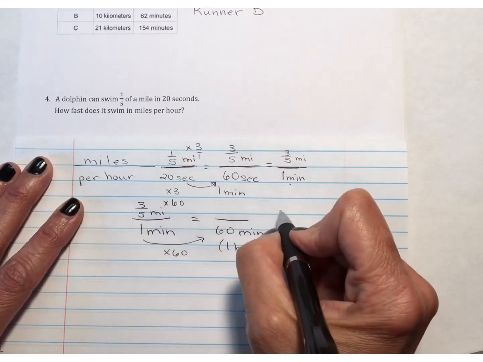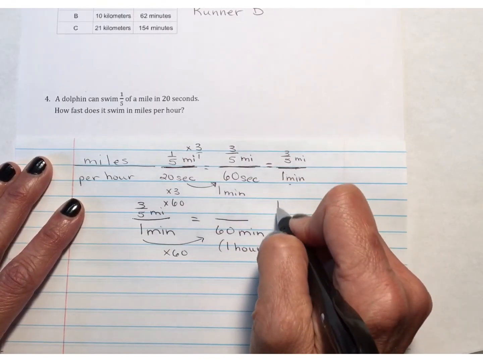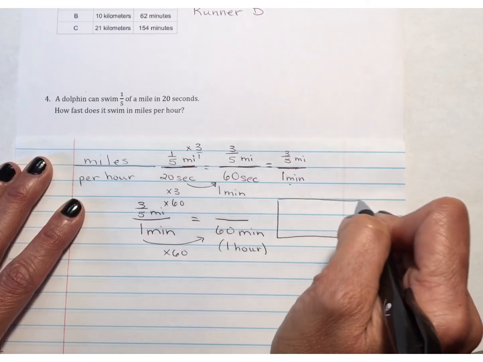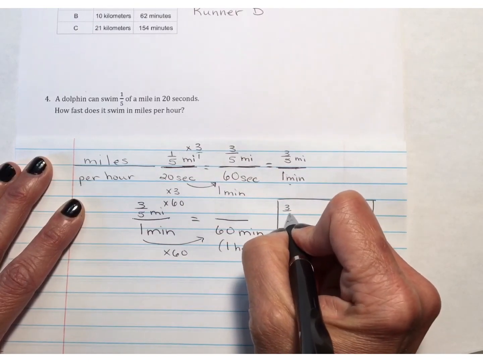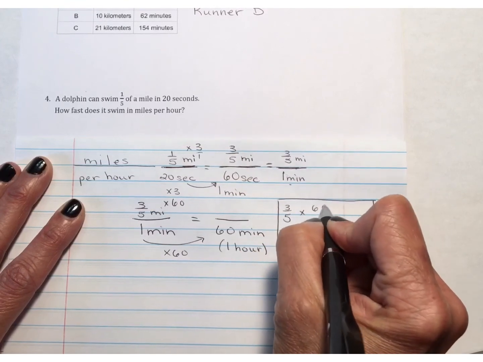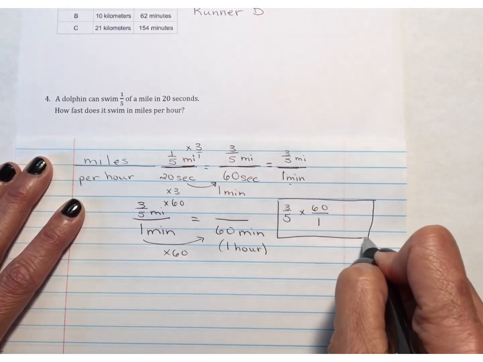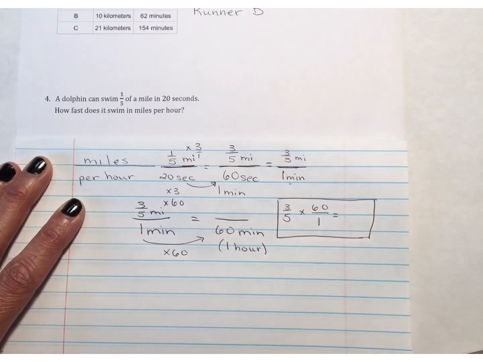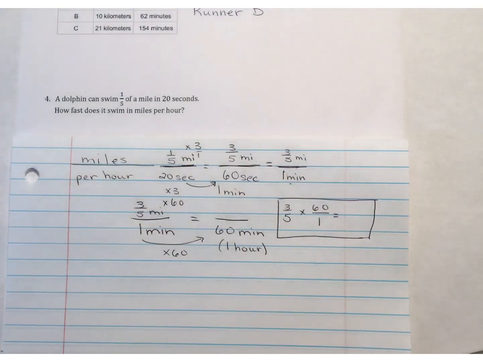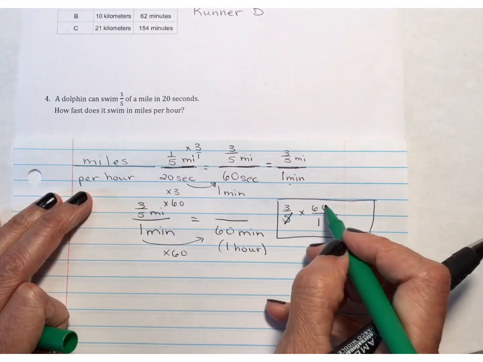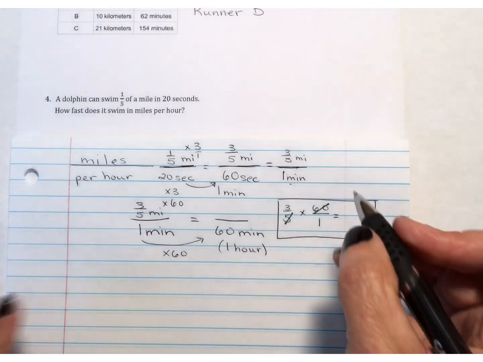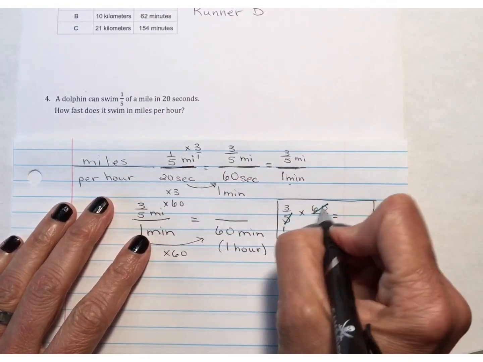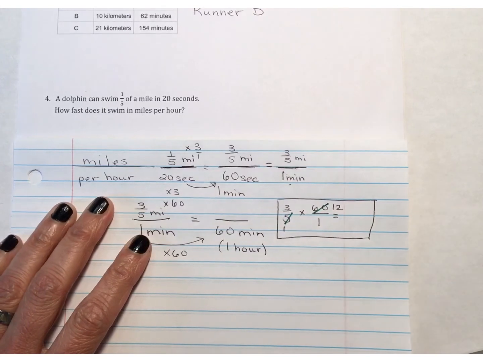So let's take a moment and write this one out over here. I'm going to just make a little box. So we're going to take 3/5 times 60 over 1. And again here, we can simplify before we multiply, make it a little bit easier on ourselves. So 5 and 60 can simplify. 5 goes into 5 once, 5 goes into 60 12 times.